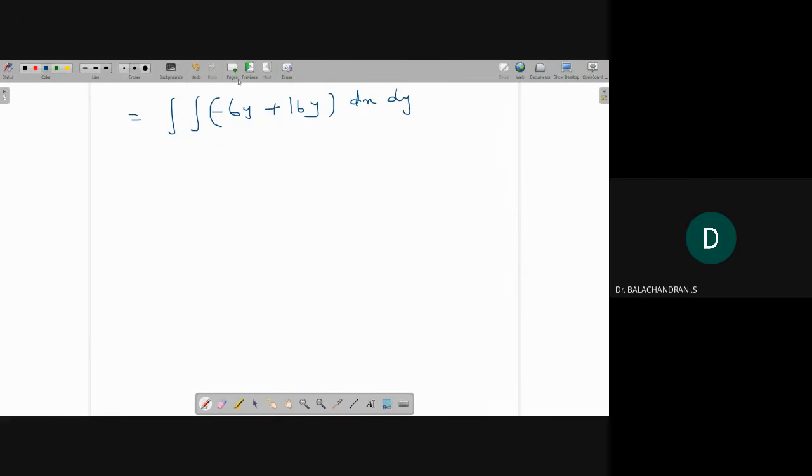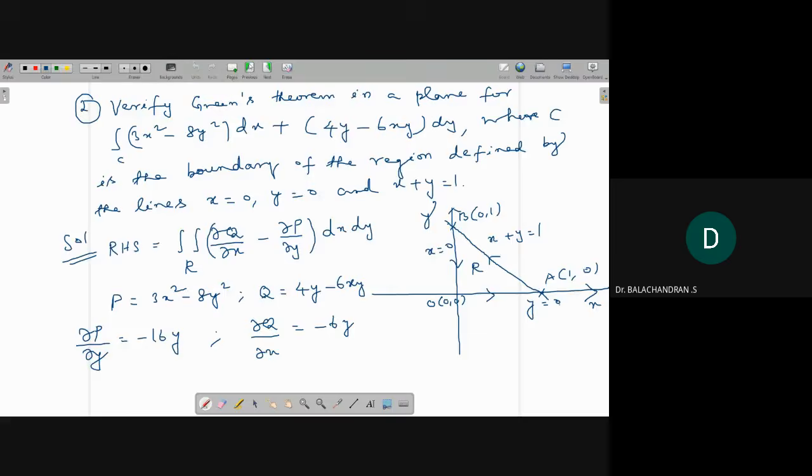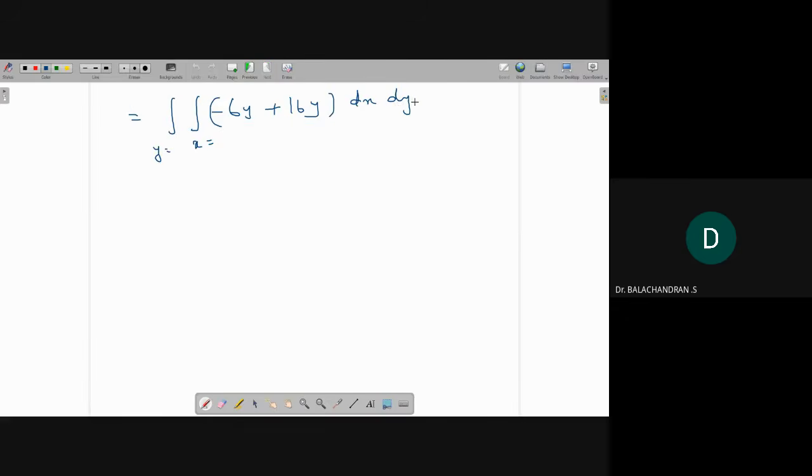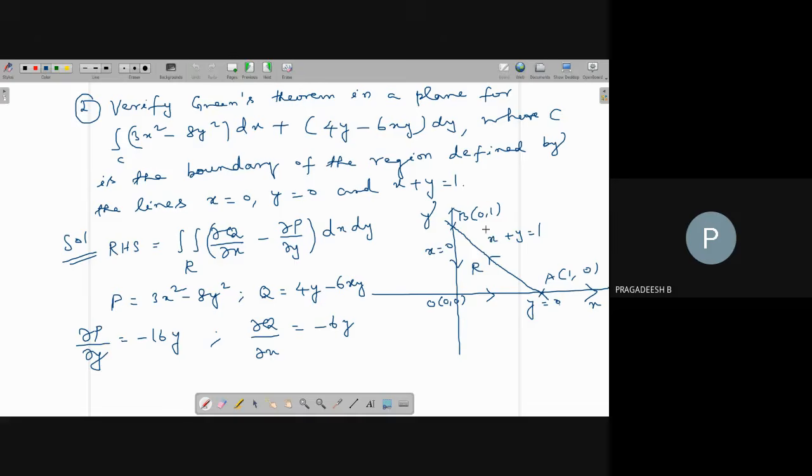Now the question is limits. So x varies from where to where? Pragadish? Yes, sir, 0 to 1 minus y.